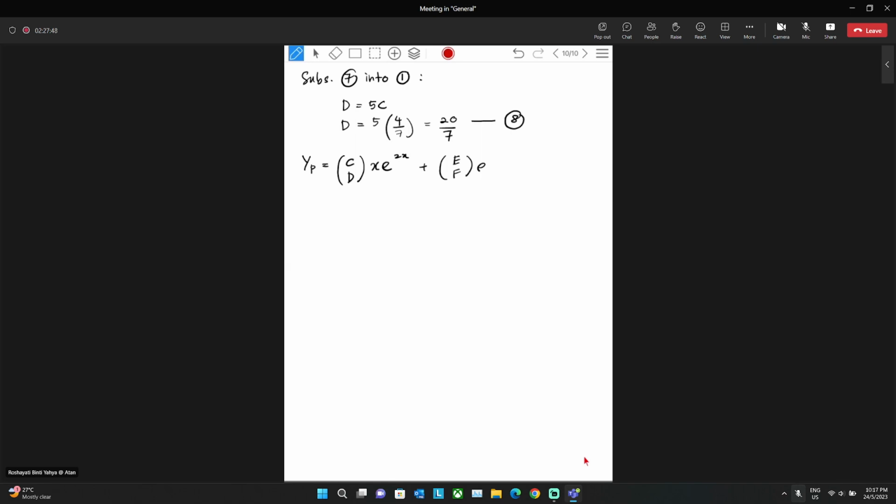And E just now is negative 31 over 5, and 0 because we let F equal to 0 here.